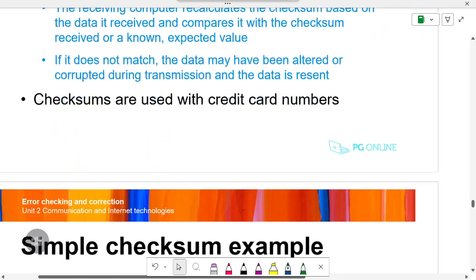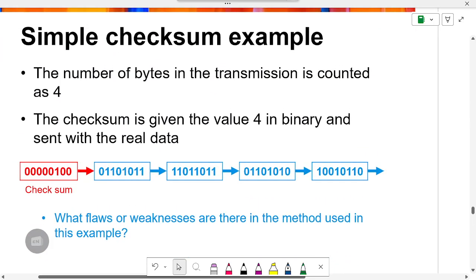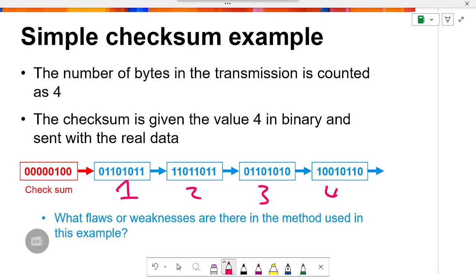Okay? Here's a little picture. For example, a simple checksum example. The number of bytes sent: 1, 2, 3, 4 bytes. Agree or disagree? And so I'm going to say, hey, I'm sending the data here. This is binary. There's 4 bytes. That's the sum of the data sent.